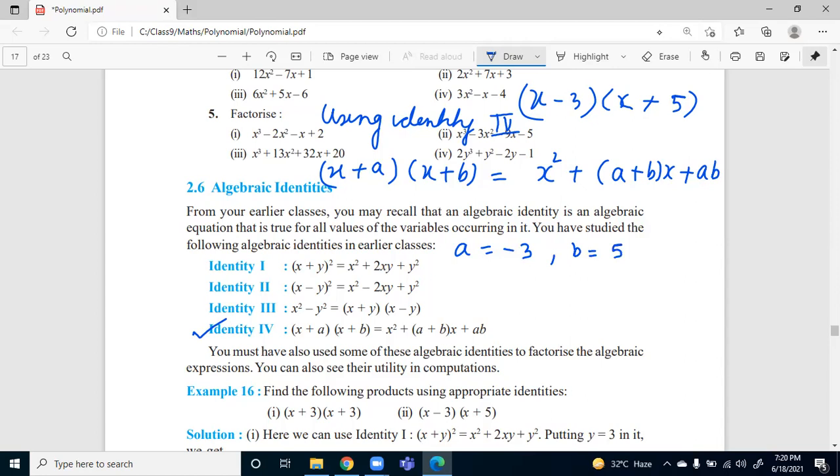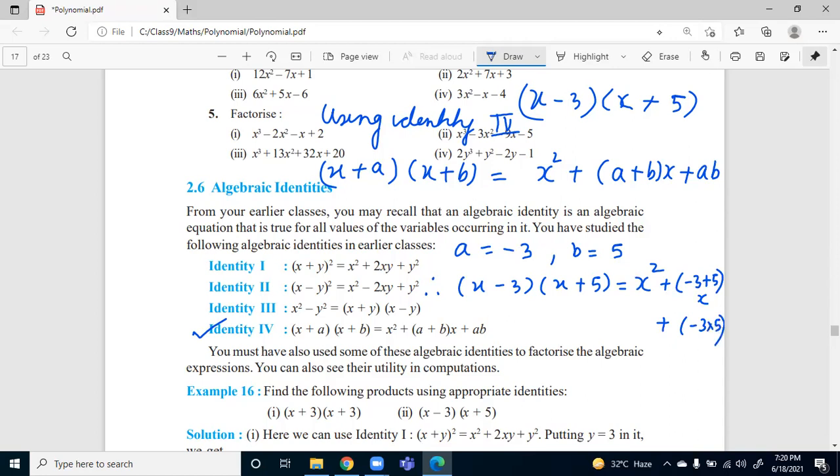So we can write therefore (x - 3) into (x + 5) is equal to x square. And now what I have to write? a plus b. So what is a plus b? Minus 3 plus 5 into x plus a into b. So what is a into b? Minus 3 into 5.